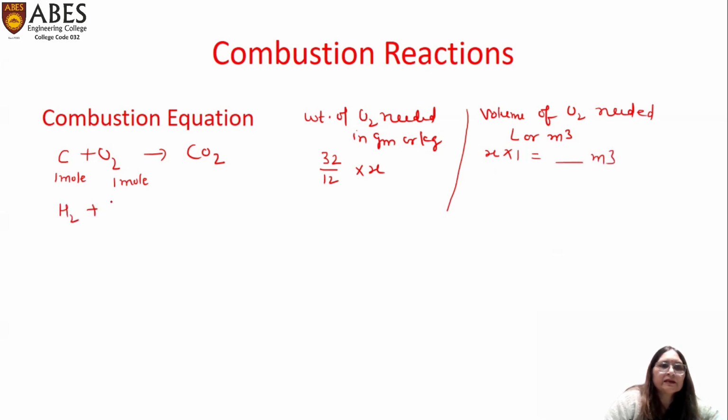H2 plus half O2 forms H2O. According to weight of oxygen needed, 2 gram hydrogen requires 16 gram of oxygen. How much for x gram? Then we can write 16 divided by 2 into x.